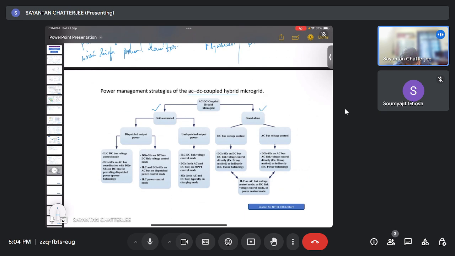Here it is a grid connected mode of operation. Here it's a standalone mode of operation. Here are dispatchable power output and undispatchable power output. In the standalone mode we have DC bus voltage control and AC bus voltage control.